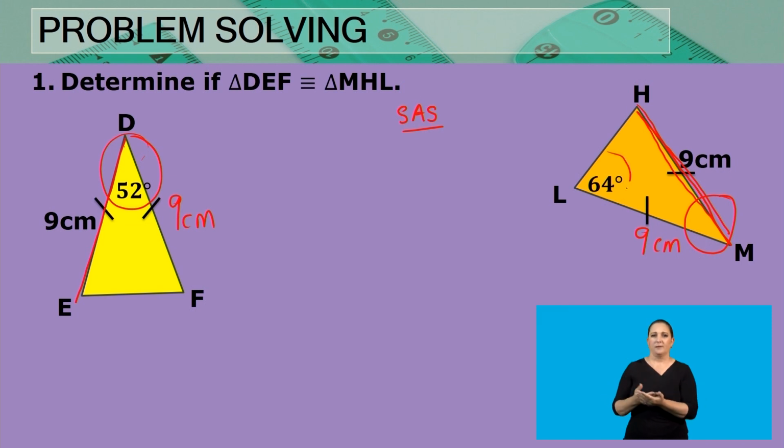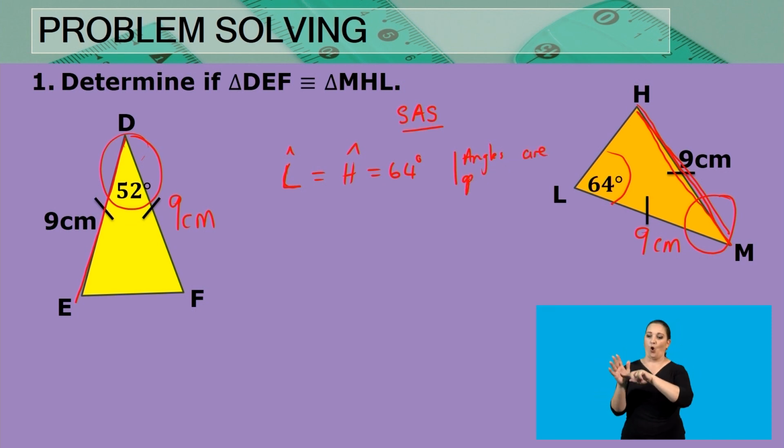Now, we have been given 64 degrees for angle L, but angle L is equal to angle H, which means it is also equal to 64 degrees. Do you remember the reason for that? It's because the angles are opposite equal sides. So that means that they are also equal.